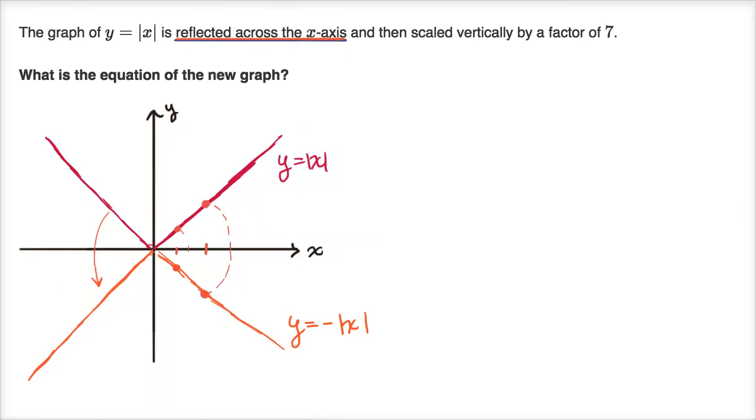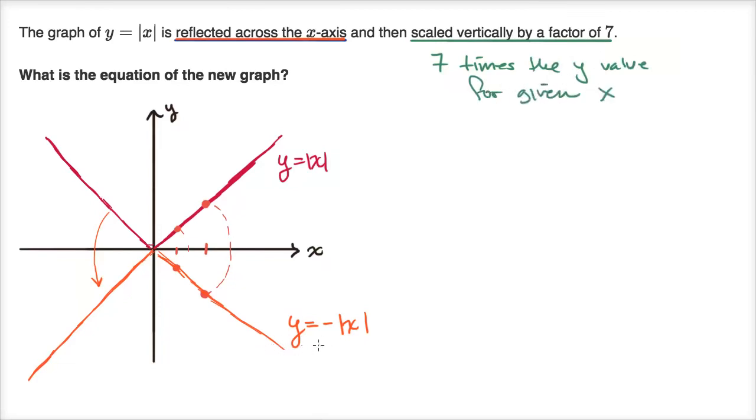But then they say scaled vertically by a factor of 7. And the way I view that is if you're scaling it vertically by a factor of 7, whatever y value you got for a given x, you now want to get 7 times the y value for a given x.